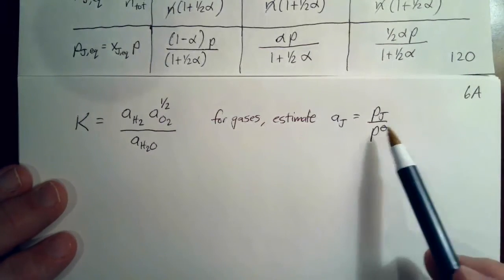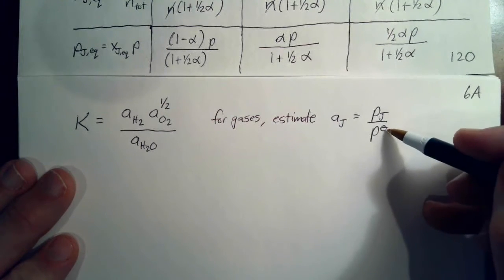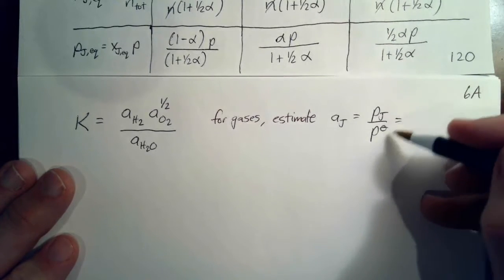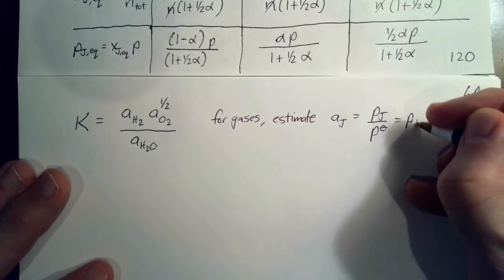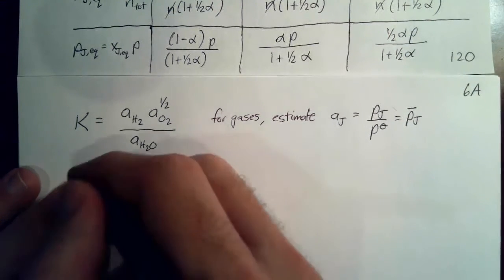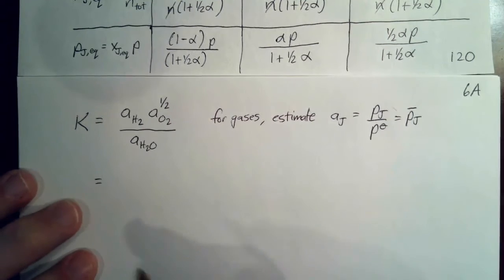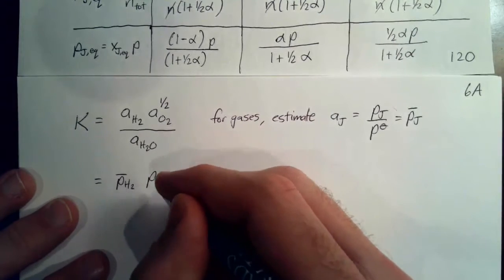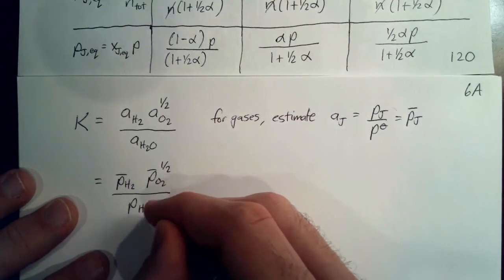Okay, and so I'm going to make this substitution over here, and I'm going to not drop the standard pressure, but I'm going to include it in my quantity. I'm going to write a single quantity for this fraction here, just to make this a little bit cleaner. So let me call this PJ, I'll put a bar over it. So K then, I'm taking each of these A's and I'm replacing it with PJ bar. So I have PH2 bar times PO2 bar to the 1/2 over PH2O bar.